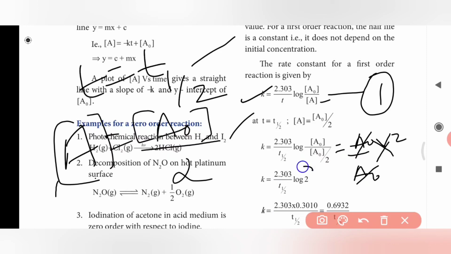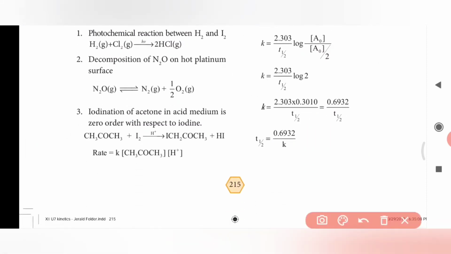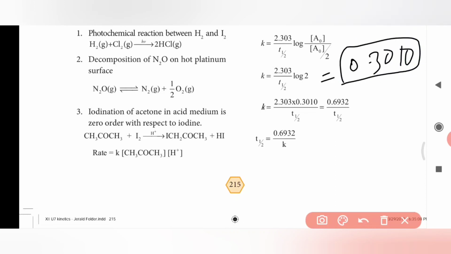The value of log 2 is 0.3010. We apply the value of log 2 to equation 2. So we get 2.303 into 0.3010 divided by t half.